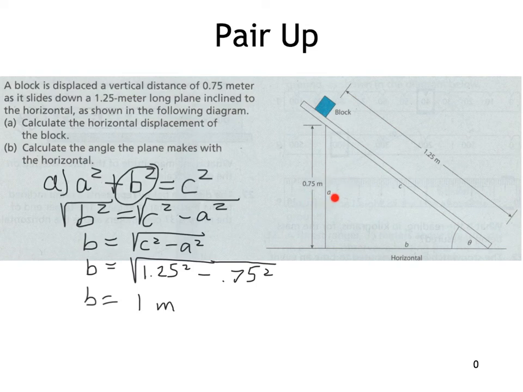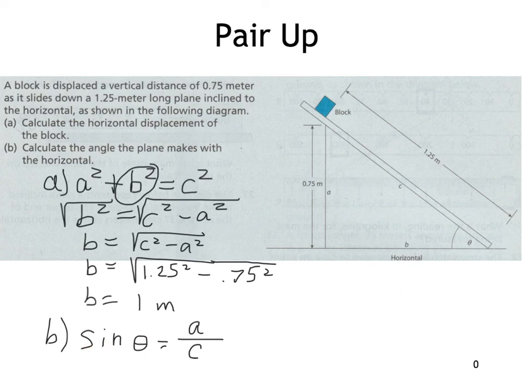I'm just going to try to use side A and side C. If you go back to your reference table, you'll see that the function that uses side A and side C only is the function for sine. So it basically just reads that the sine of theta, which we'll end up solving for, is equal to the ratio of side A to side C. We're going to do the ratio of side A to side C, and then we'll figure out how to get the theta itself away from the function sine.